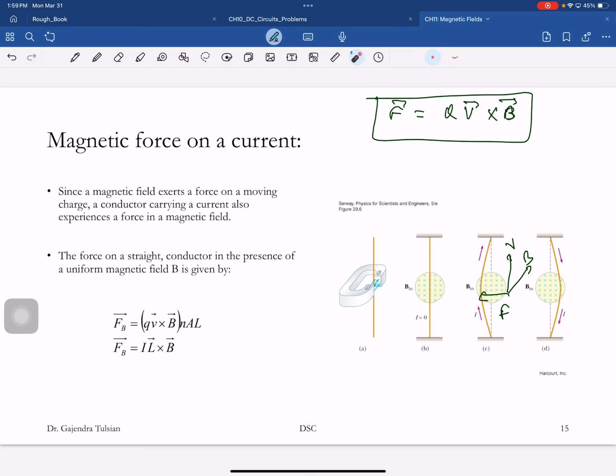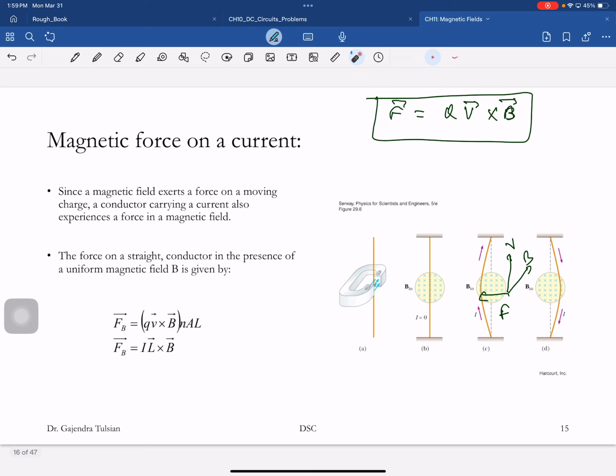This is very useful, and we'll see this in a second. You pass a current in a wire, put it in the presence of a magnetic field, and suddenly it feels a force. You can use this for many things. If you pass the current in the opposite direction, the force is in this direction.